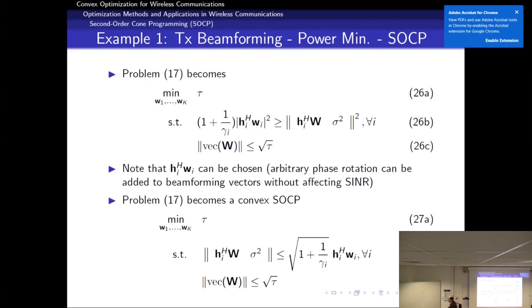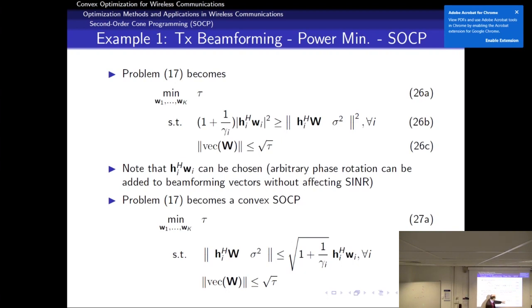You can always say, I take a W, and if I multiply my W by just a phasor, right? I don't change anything to the directions of this precoder, right? So the solution will still be valid, but by doing this, actually I can make this quantity real, right? That's what we were talking about last time.